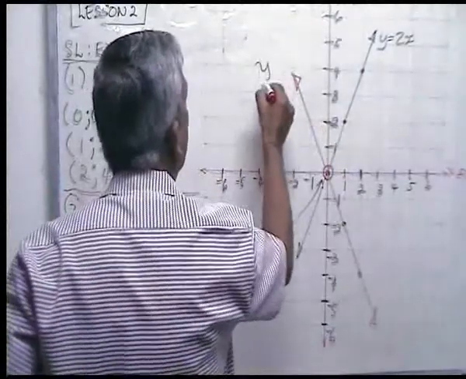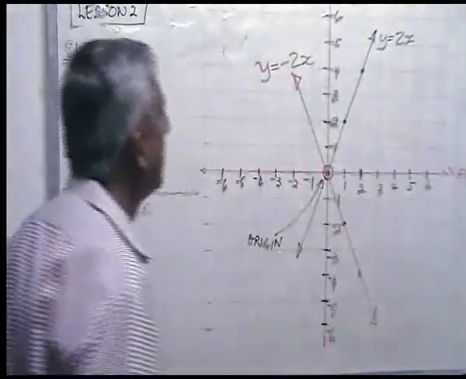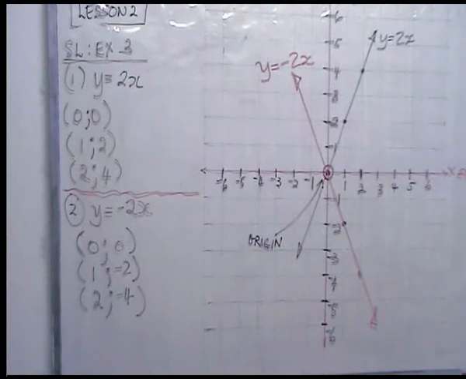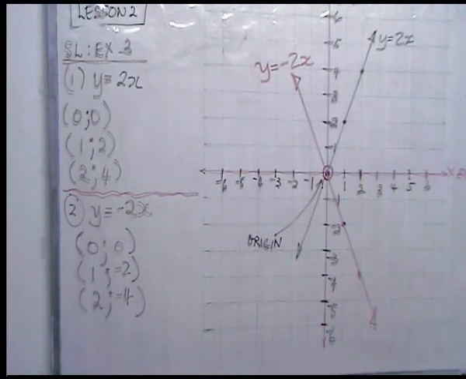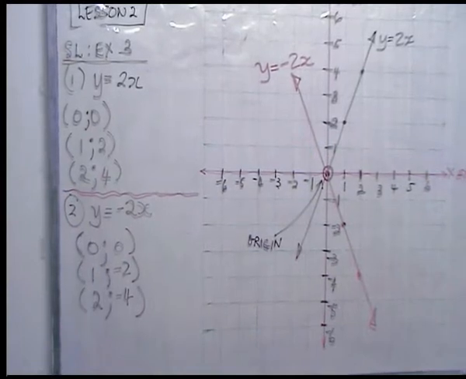Label your graph y is equal to minus 2x. Alright, I hope you're having some fun plotting some points and getting your straight line graphs drawn. In the next part, we're going to move one step further.